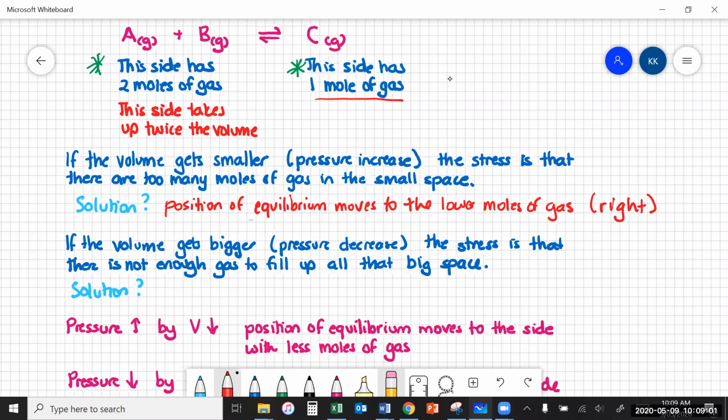If the volume gets bigger, if we stretch the container out and decrease the pressure, then the stress is now there's not enough gas to fill up all of that big room that you just made. Solution? We go and make more moles of gas. So we're going to have the position of equilibrium move to the side with more moles of gas.